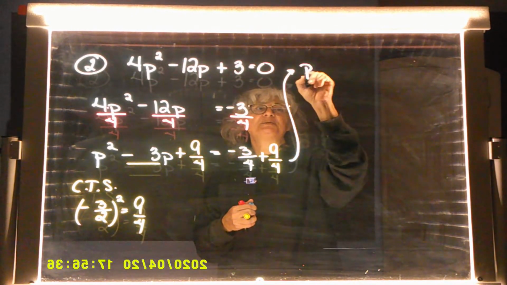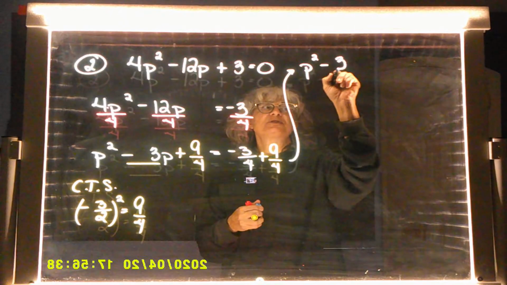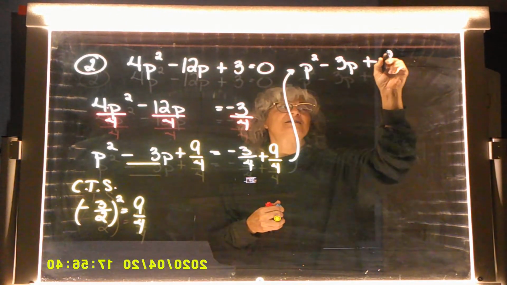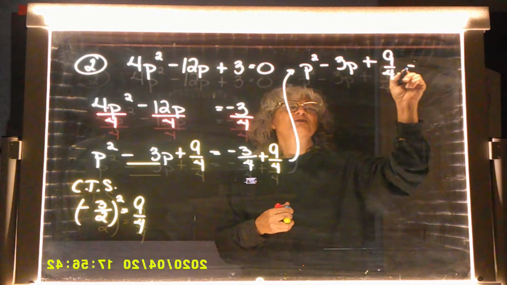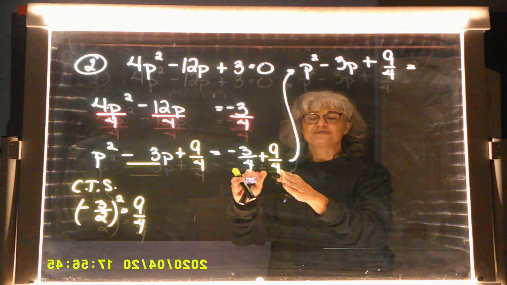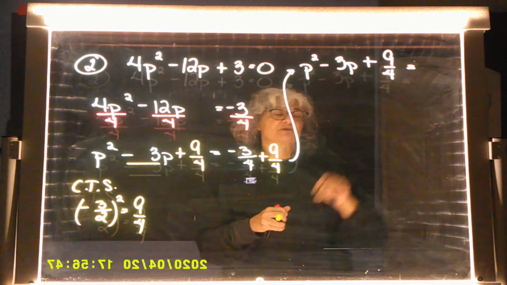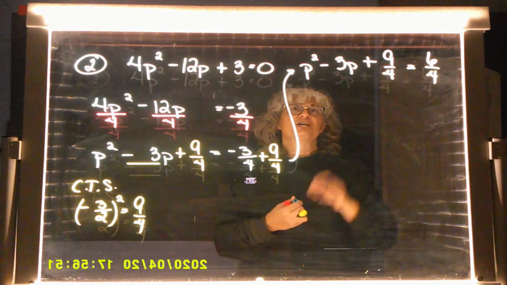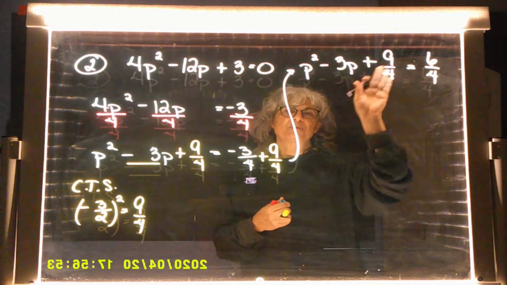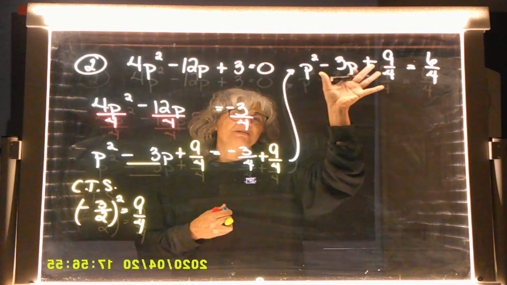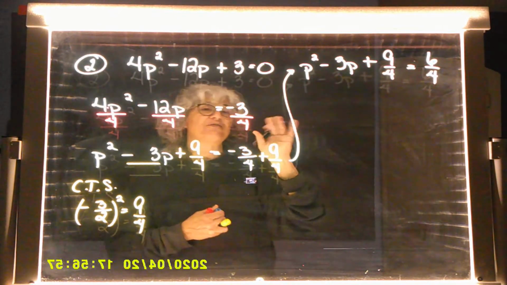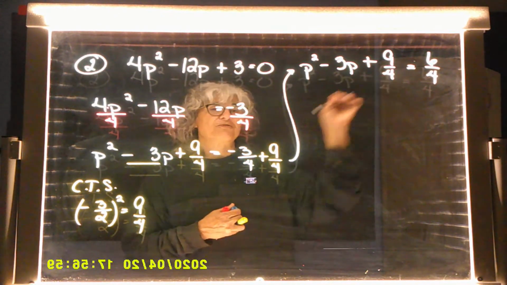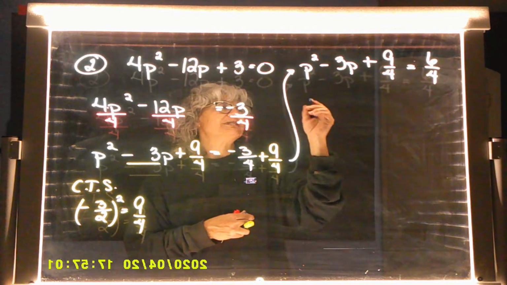So I have p squared minus 3p plus 9/4 equaling, yeah, gratefully these fractions have the same denominator, and so I get 6/4, don't I? Okay, so remember, we completed the square here, which means this is going to be a very simple polynomial to factor, because this is a perfect square. So remember what we did before.